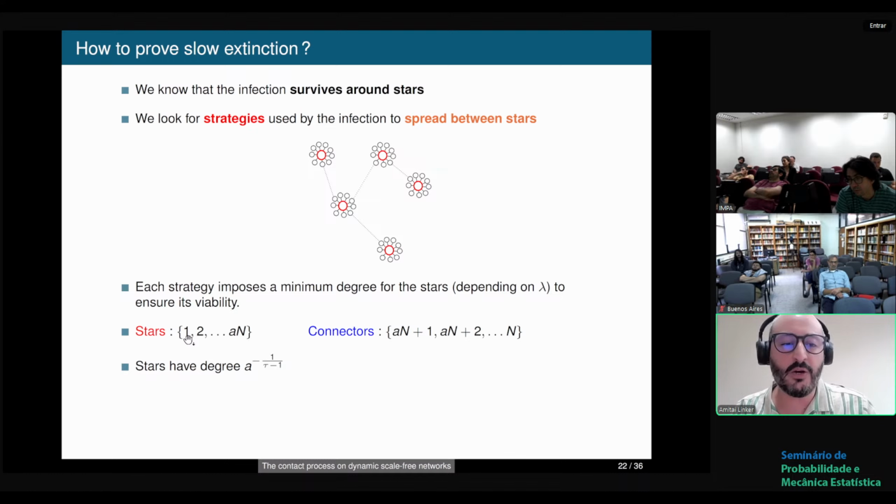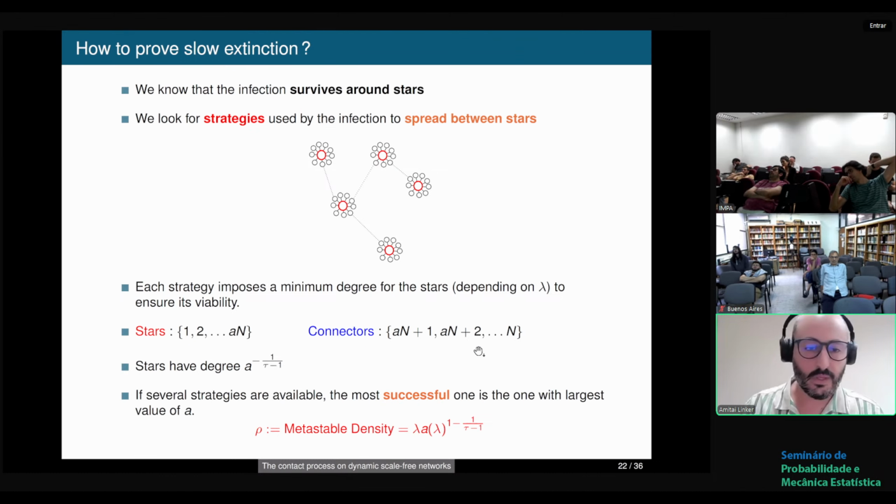Stars are going to be the vertices from 1 to AN, and connectors between AN and N. And A is basically some new parameter that we are free to choose to select how strong we want our stars. And importantly, stars have degree A to the power -1 over tau -1.